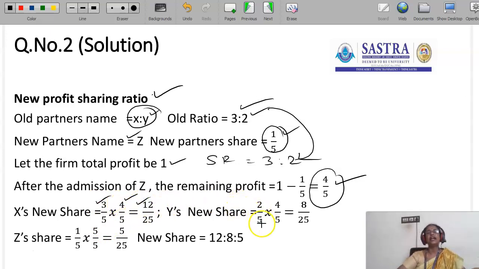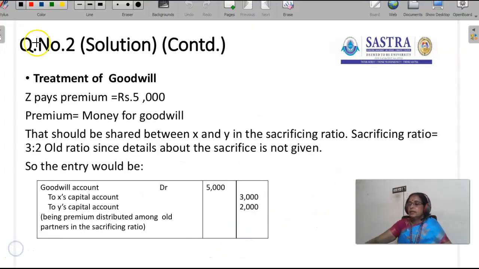Then Y's old share is 2/5, so 2/5 into 4/5 is 8/25. Z's share is 1/5. The denominator is 25, so 1/5 should be multiplied by 5/5. So we get 5/25. So the new ratio is 12:8:5.